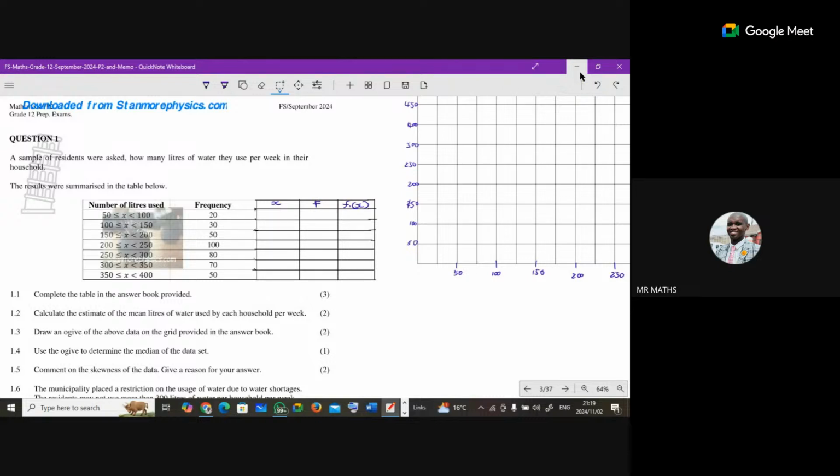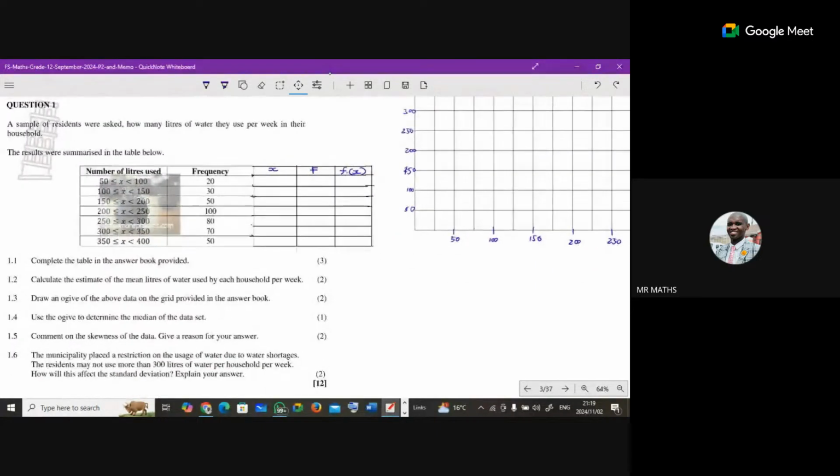Question 1, as sisazi iba yi-data handling, right? So nazi questions zethu apha kuthiwani, a sample of residents were asked how many liters of water they use per week in the household. So we are told here that the results were summarized in the table below.